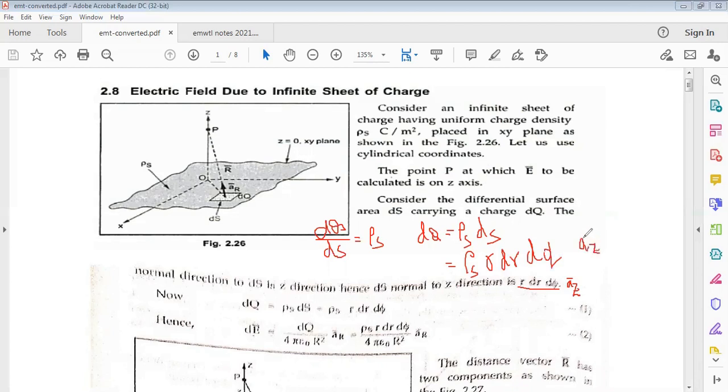Hence the dE bar, the differential electric field intensity for the point charge, is dq by 4 pi epsilon naught r square into ar bar. Substitute the dq here, as I'm taking only the differential charge. It is not the vector form. Whenever it is a vector form, definitely we can use this a z bar. So dE is equal to rho s r dr d phi whole divided by 4 pi epsilon naught r square into ar. Got it, my students?